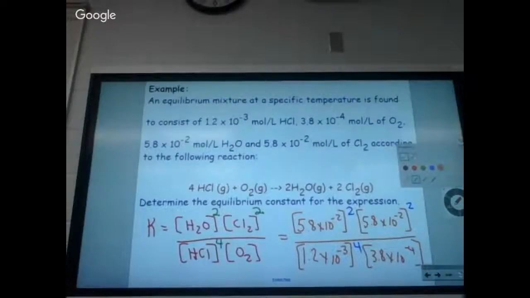Times 5.8, second EE, -2, hit squared again. Now I hit equals before I go on. Wouldn't it be so much simpler? Can you just multiply the number? Oh, you can.